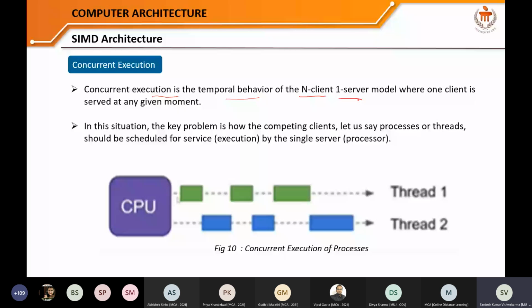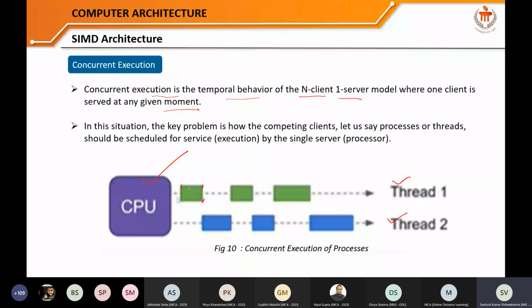There is a single CPU and there will be multiple threads, but you can see the efficiency of the CPU: it is not sitting idle. Once this task is done, it goes ahead with the second thread. We can have different programs, but once one is done, it moves to the next. So we are serving multiple clients, multiple threads, with a single server model.